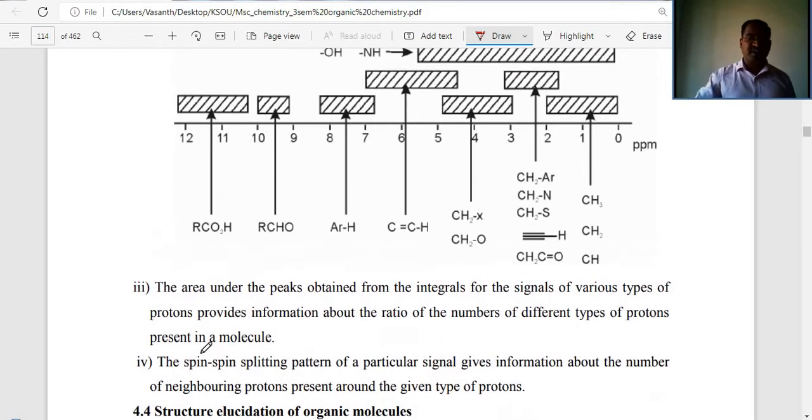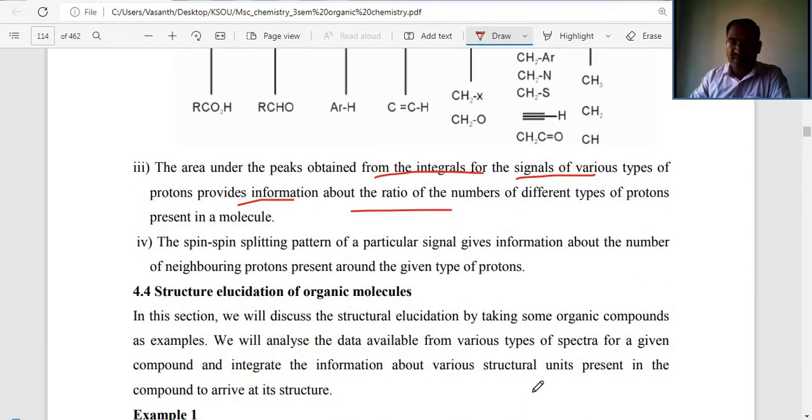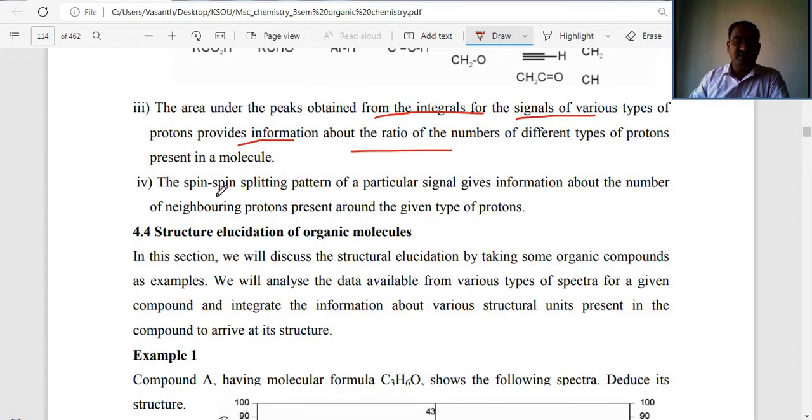The area under the peaks, obtained from the integral for signals of various types of protons, provides information about the ratio of the number of different types of protons present in a molecule. The spin-spin splitting pattern of a particular signal gives information about the number of neighboring protons present around the given type of proton.